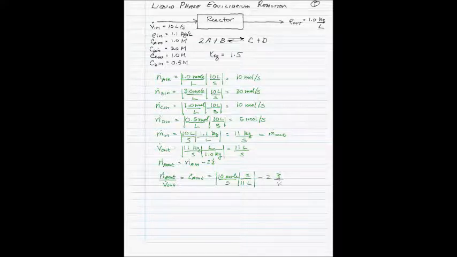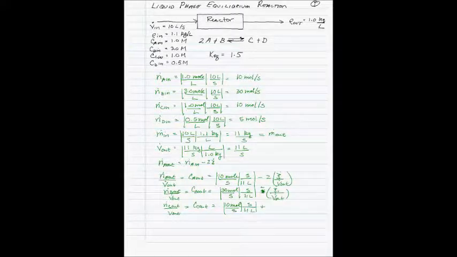By dividing that equation by the volumetric flow rate out, we will calculate the concentration of A leaving the reactor in moles per liter, which will be given to us as 10 moles per second divided by 11 liters per second minus 2 times the reaction extent divided by the volumetric flow rate out. And we can do the same thing for the concentration of B, C, and D leaving the reactor, so we can calculate their concentrations as well.